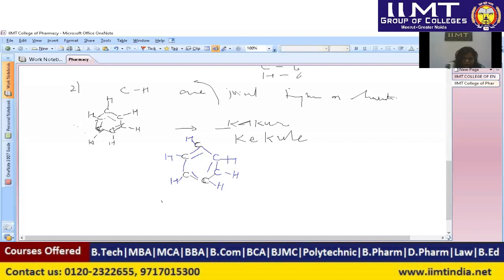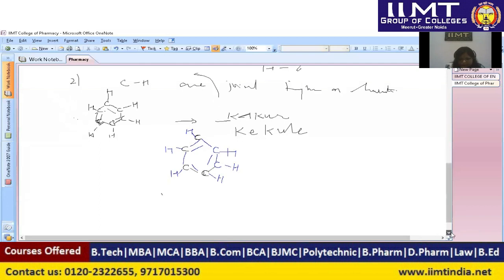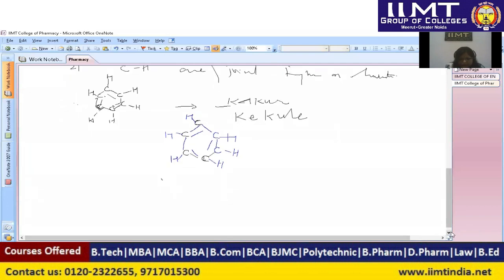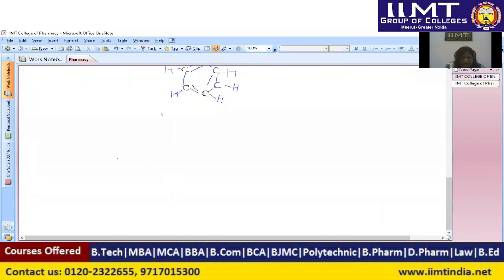Now we'll come to the major point: what are all the analytical evidences for the structure of benzene? We have proposed here the structure of benzene, which was discovered by Kekulé.